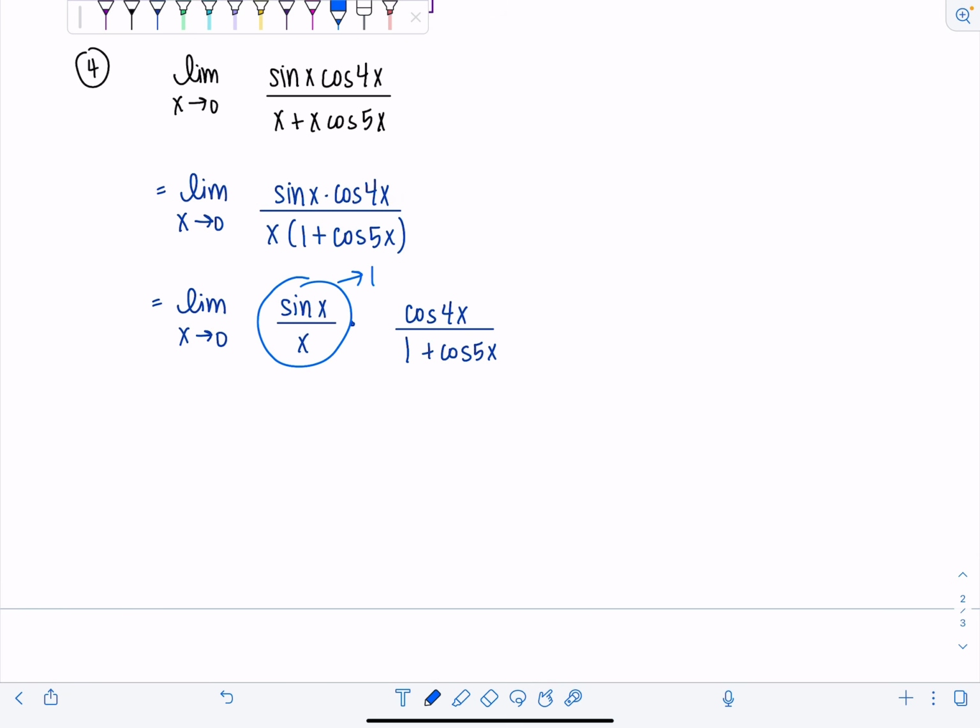And then remember, x is going to 0. So cosine of 4 times 0, that's cosine of 0. That's approaching 1. So is this guy. So what we're left with is 1 times 1 over 1 plus 1. Yes? So that's 1 times a half, which is just 1/2.